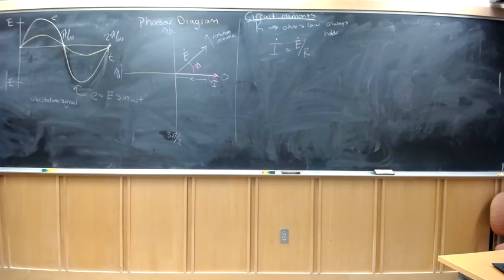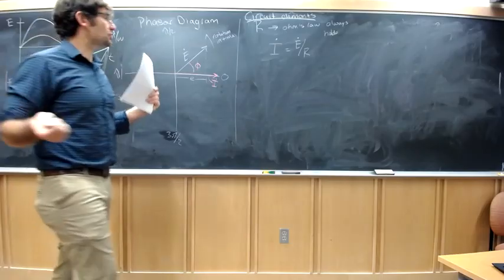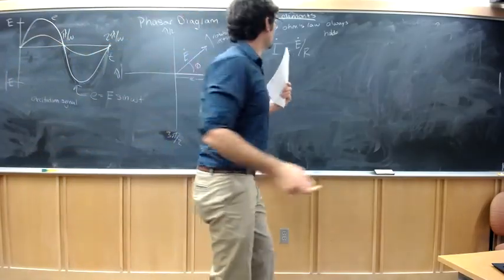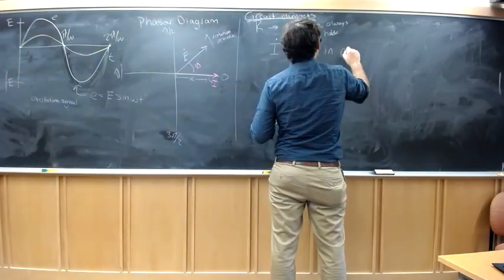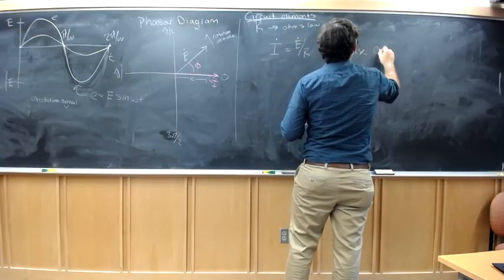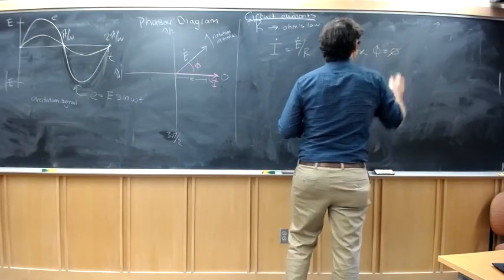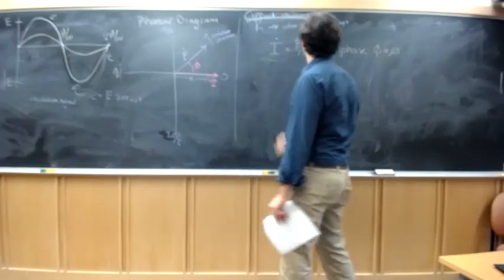There's no reason for it not to be. Just because you're changing the voltage, if Ohm's law is working, if it's an ideal resistor, the current should always be proportional to the voltage. So these are in phase, right? Phi equals 0. R is a constant.